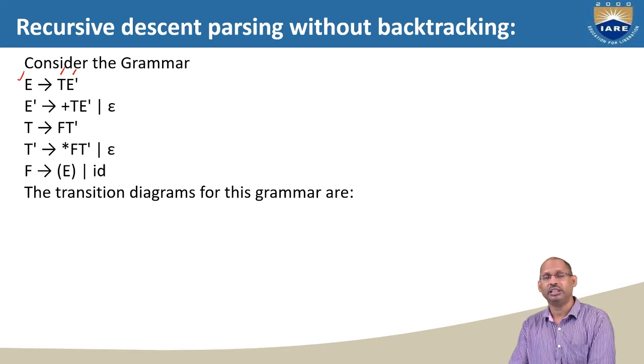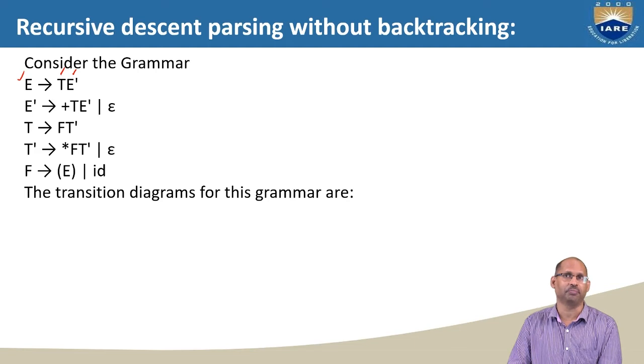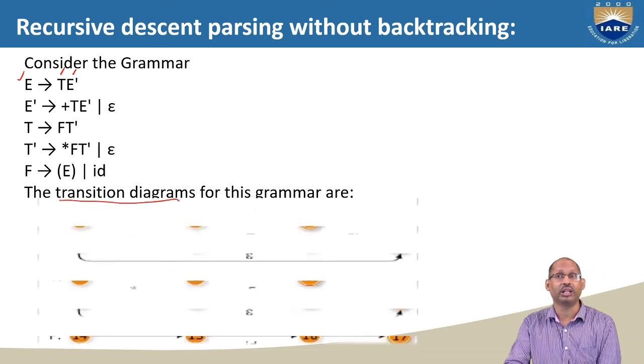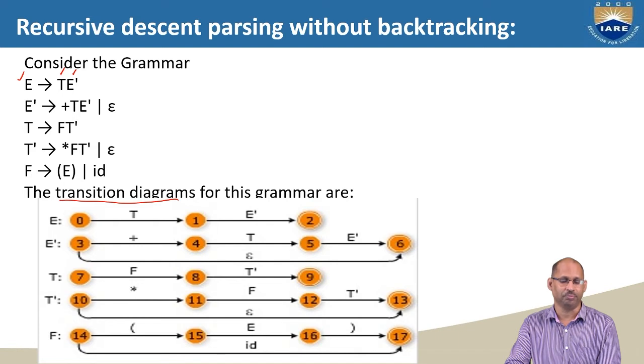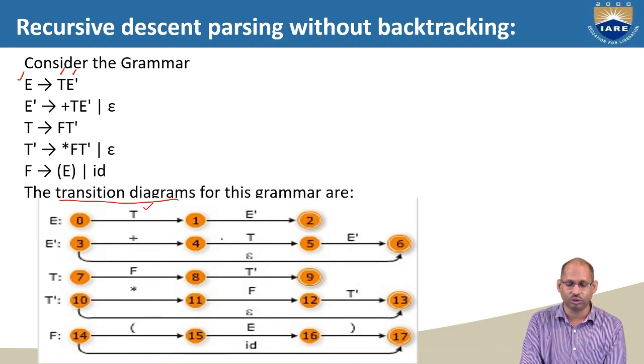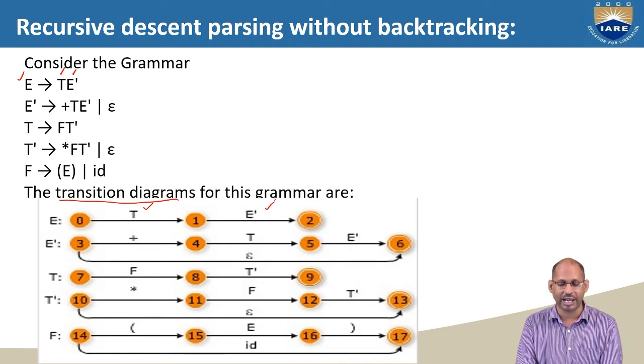So before writing the program for this grammar, we will use a transition diagram to develop the program. The procedure E will call the T function. If it returns true, then it will call E dash.